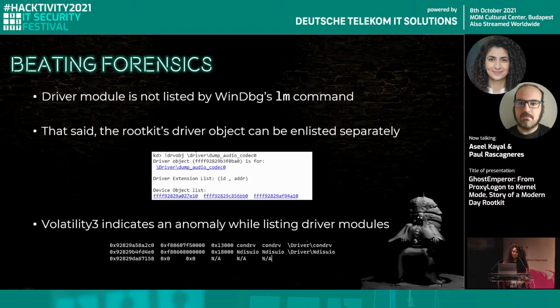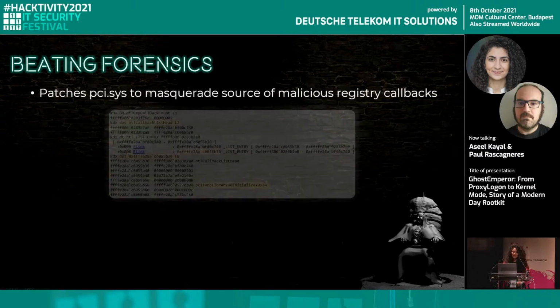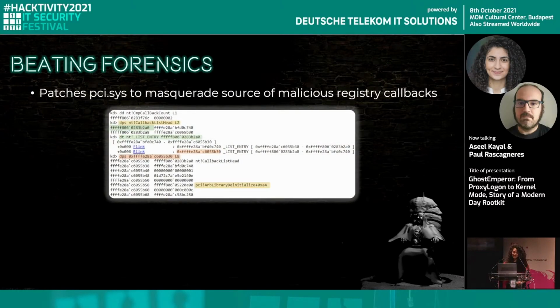And another nice trick that the attackers use to also challenge detection is to patch a legitimate driver, PCI.sys, to conceal the source of invocation of certain functions. I just mentioned that the driver helps the malware hide its presence on the system and hides the presence of registry keys.